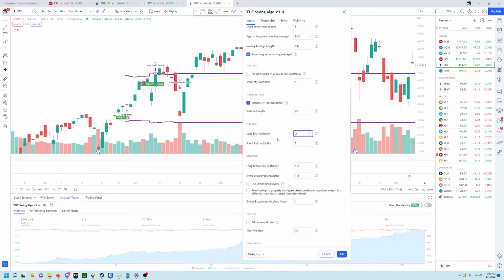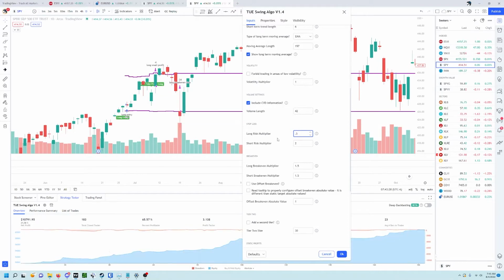If we go to something like 0.5, see how it brought the line up quite a bit, and we dropped from a 70% win rate down to 65, and our profit factor actually went up a little bit. But in a lot of tickers, it's not going to do that.